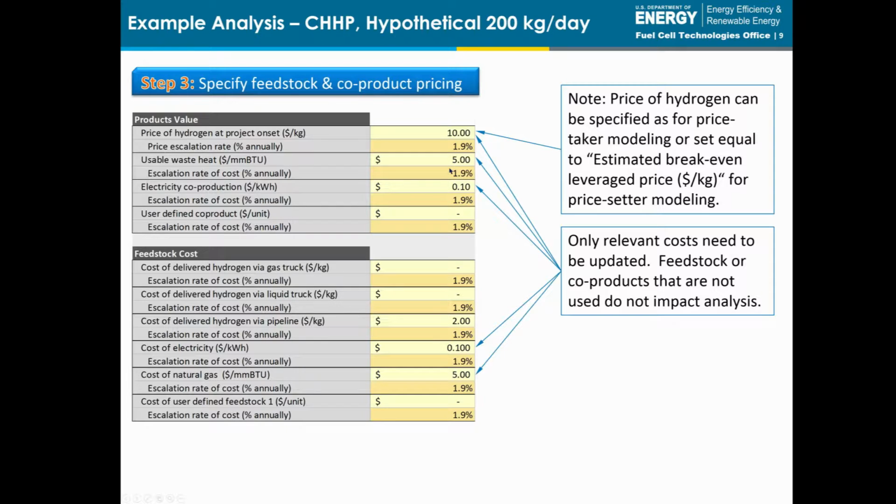You would specify any relevant co-products in the same way. For example, waste heat, how much could you recover, dollars per MMBTU, what's the value of that stream, as well as feedstock costs. You will specify your cost of electricity, cost of natural gas, etc.